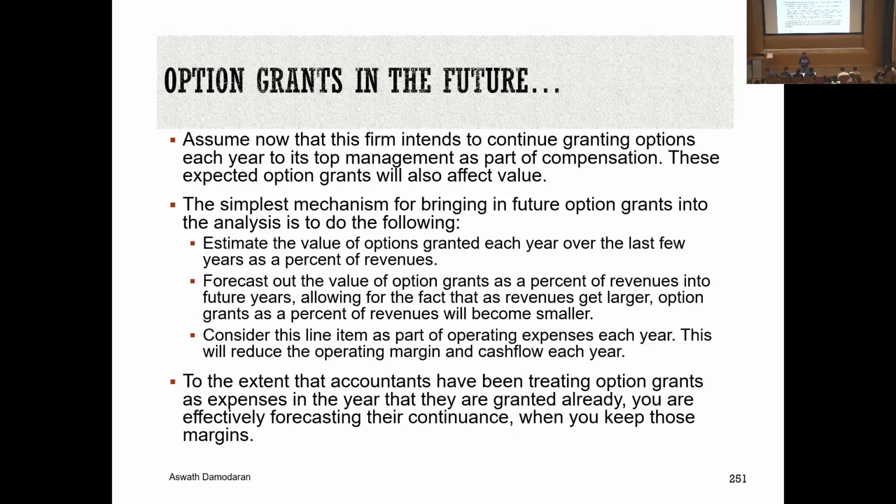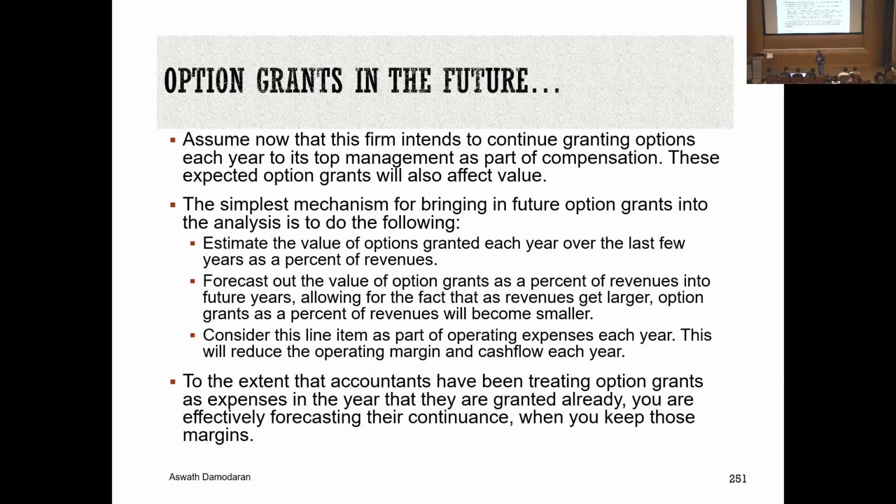So there is zero argument for adding back the stock-based compensation. It is an expense. It might not be a cash expense the conventional way, but think of it as just skipping a step. If you had issued the option to the market, raised cash, and paid the employees, it would have been a cash expense. You just skip that step.